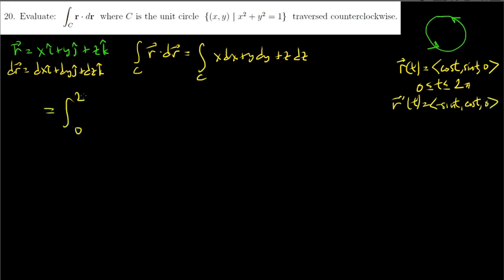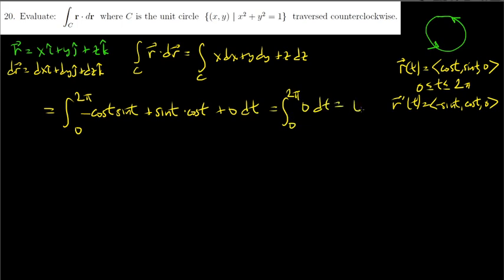So the integral from 0 to 2 pi of x, which is cosine of t, times the derivative of x, which is negative sine of t, plus y dy, y is sine of t, dy is cosine of t, and then z is, well, 0, and dz is also 0. So you're just doing the integral from 0 to 2 pi of 0, which of course is 0. Oops, looks like a 6. There we go, 0.